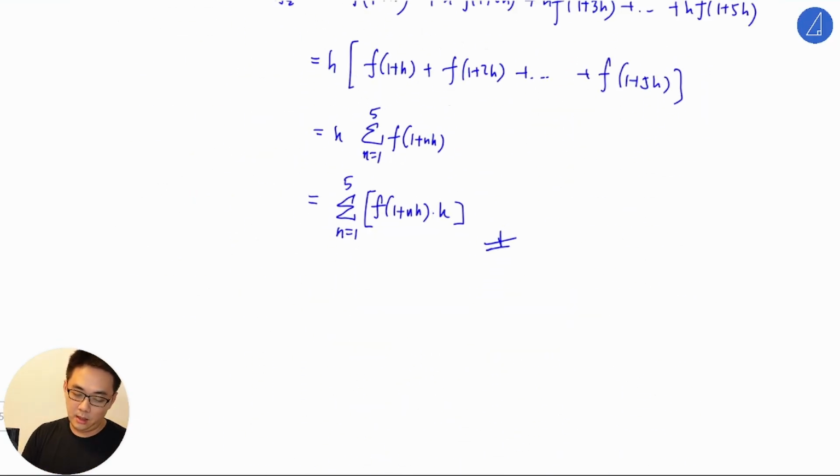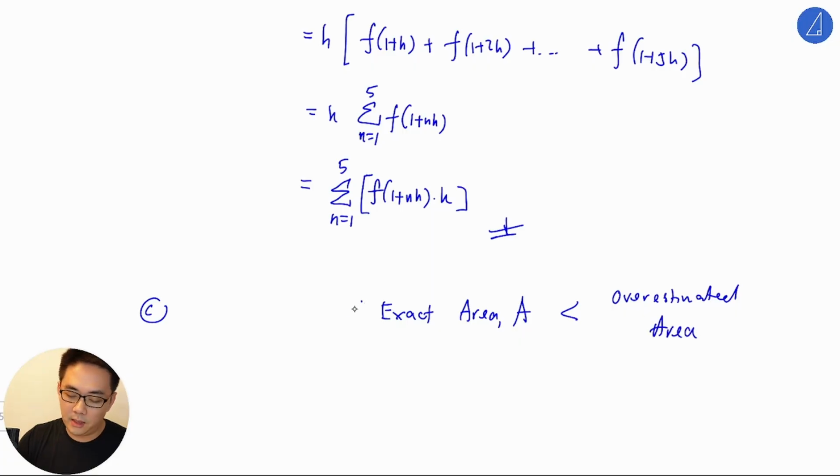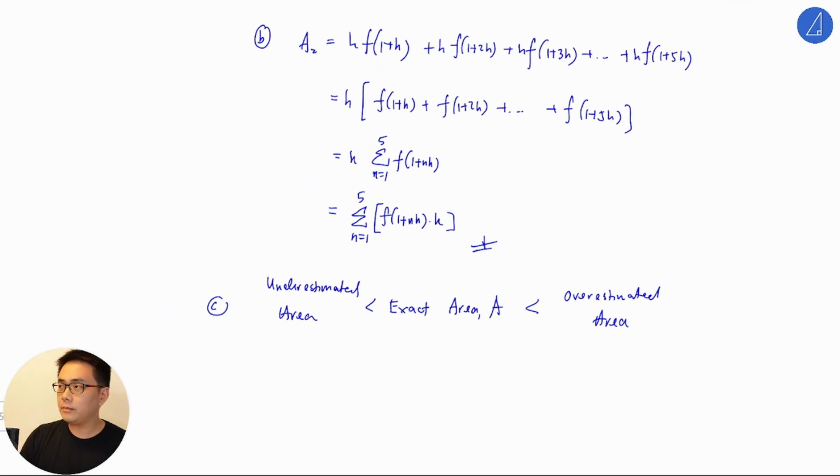So for C, you know that the exact area, which is A, is actually smaller than the overestimated area. And this one is the underestimated area. Then you just do it.